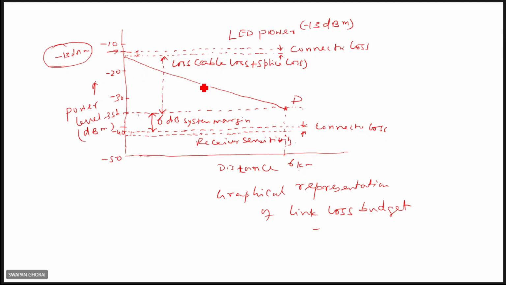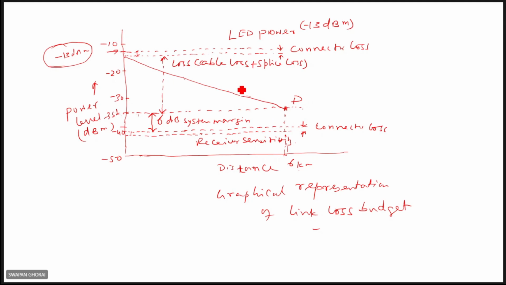If you extend this line, that is the cable loss. Of course, cable loss plus splice loss also will be there. So if you consider that line, it intersects at this point, and that will be the distance with the chosen parameters.